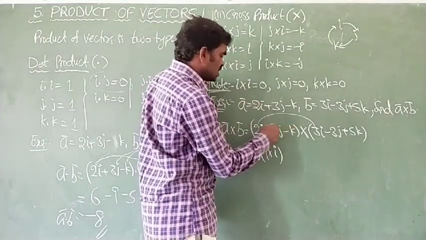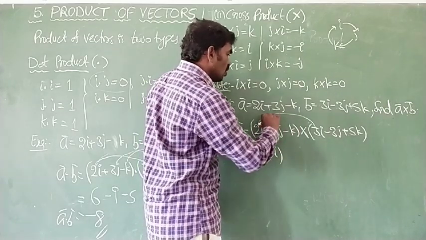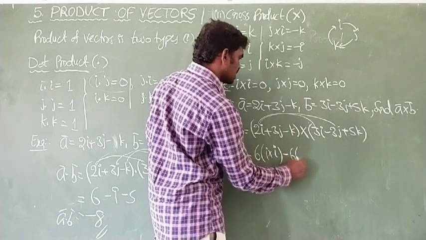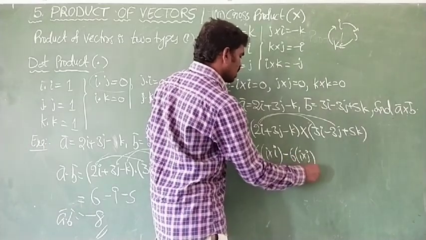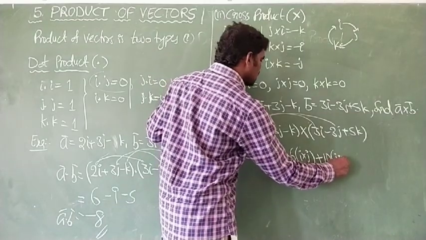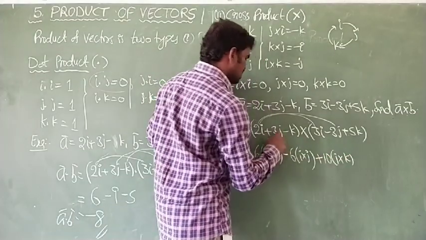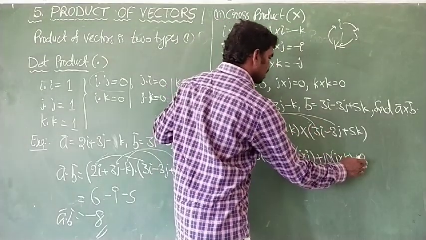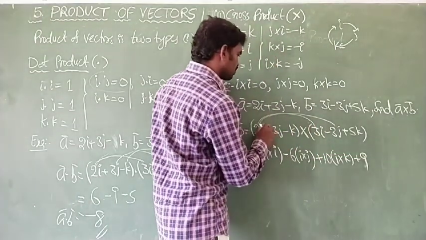Let us see the total simplification. First of all, 2i cross minus 3j means minus 2 into 3, minus 6 i cross j. Next, 2i cross 5k, 2 times 5 is 10, i cross k. Next, plus 3j with 3i, how much? 9.